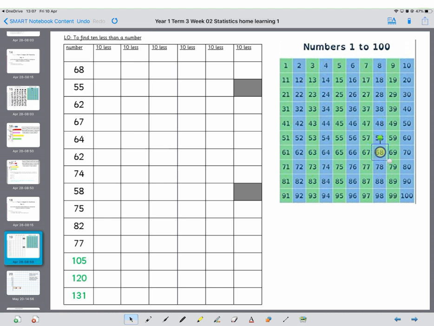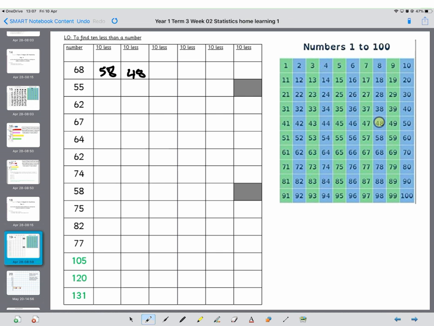Okay, so now today we're counting 10 less each time, so we're moving up instead of down. So 68, moving up, becomes 58. And we move up again from 58 to 48 because that's taking away another 10.